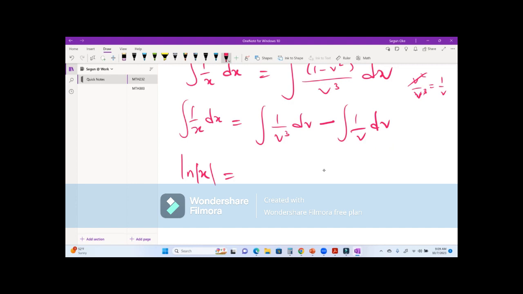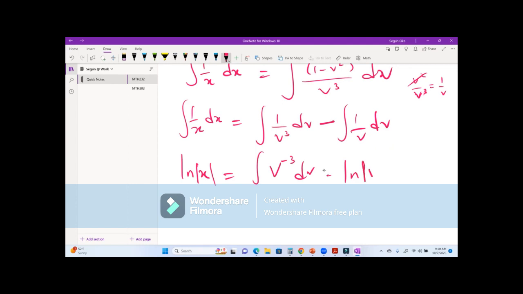So what do we have here? It's the same thing as when you have v raised to power minus 3, that is the inverse of it, dv equals to minus, what do we have here?